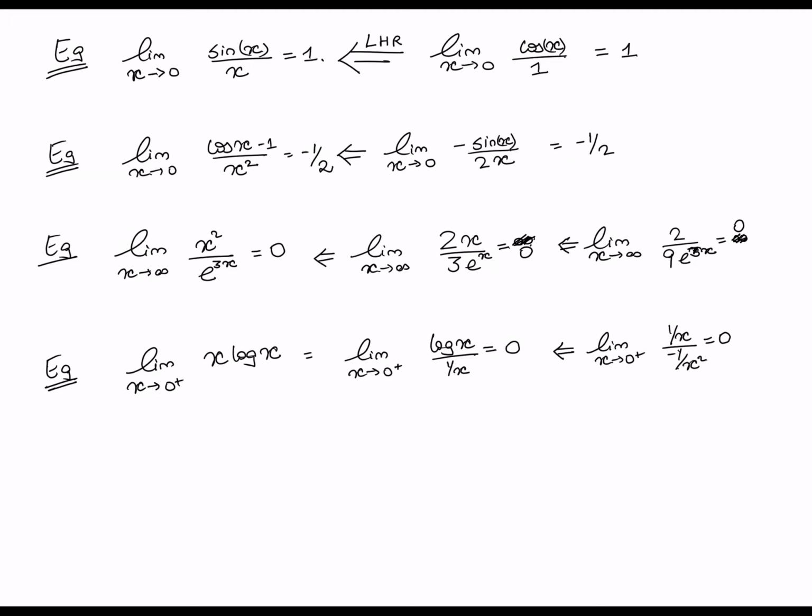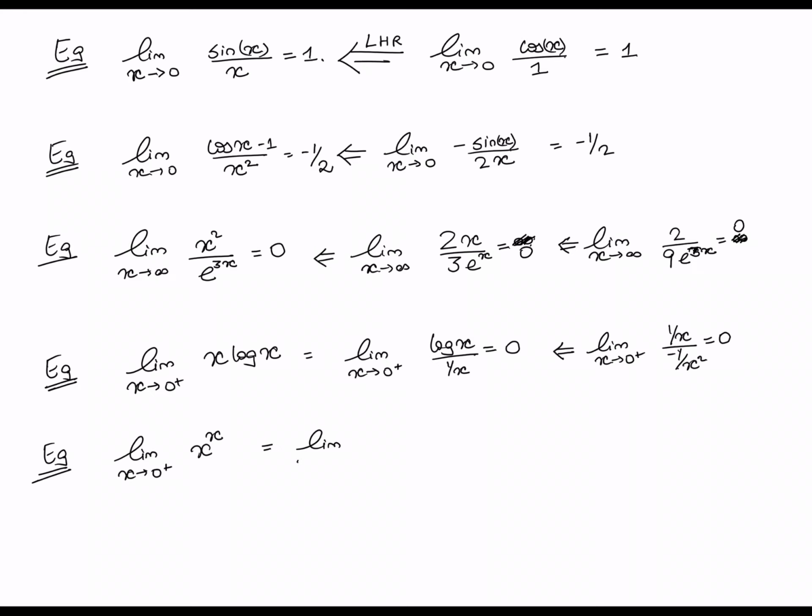Now, another example, let's look at the limit x tends to 0 plus of x raised to x. Again, these kinds of exponential forms are not the standard form for L'Hopital's rule. So you now have to rewrite x raised to x in some form that is more manageable.